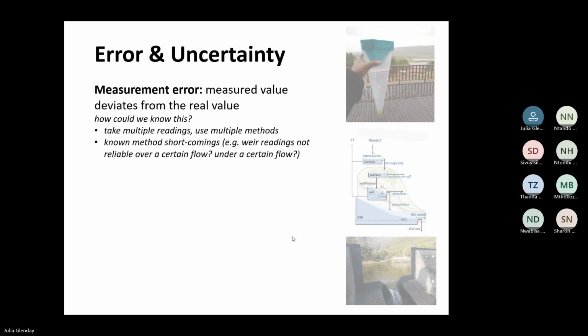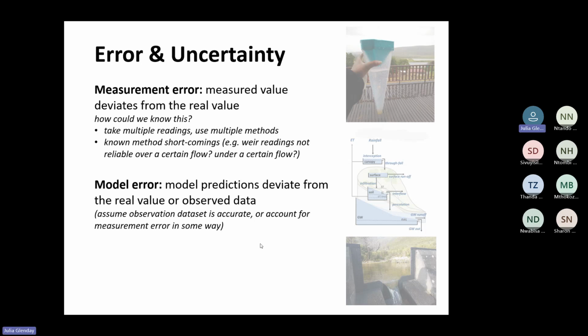And then model error is error in the model's output predictions compared, ideally, to the real value, but it's often compared to the observed data.